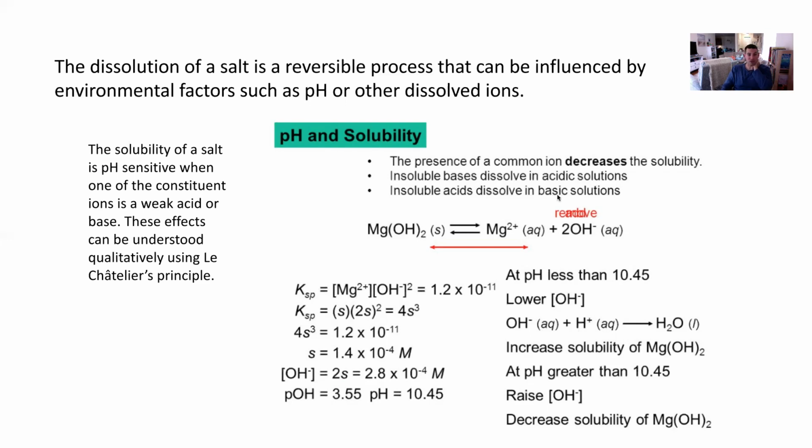So those are pHs greater than 7. And again, we will touch on this again in Unit 8. When we look at acids and bases, I just want you thinking when certain things dissolve, if they are basic or acidic, one of their ions could potentially react with the environment around it, and that would remove it, and that would be a Le Chatelier, and that would cause a shift.